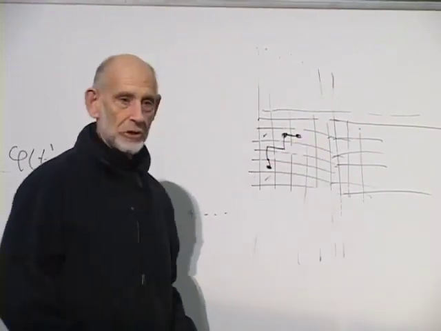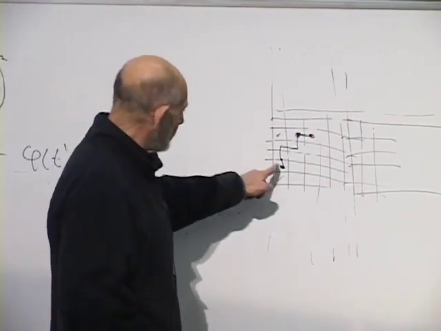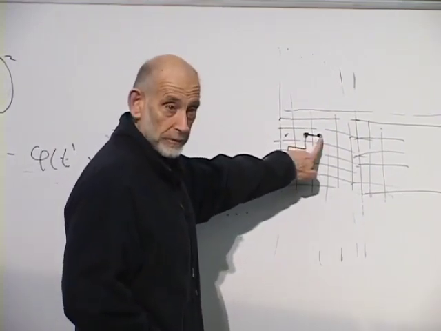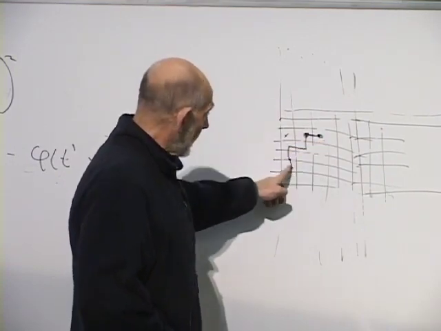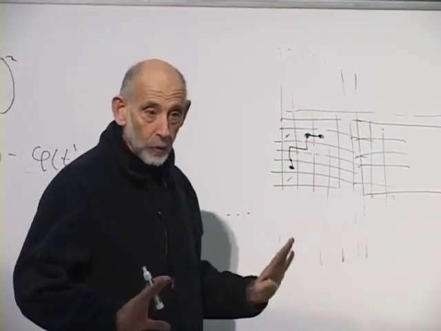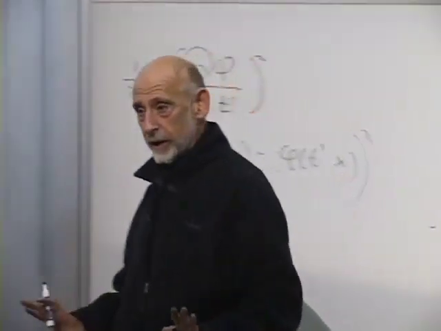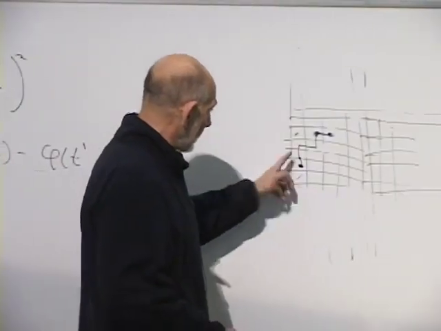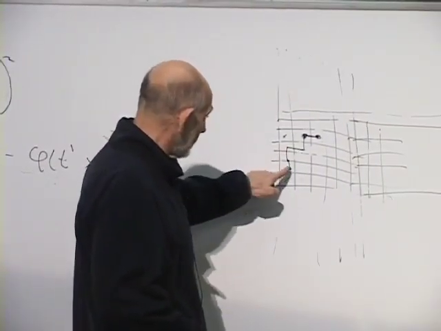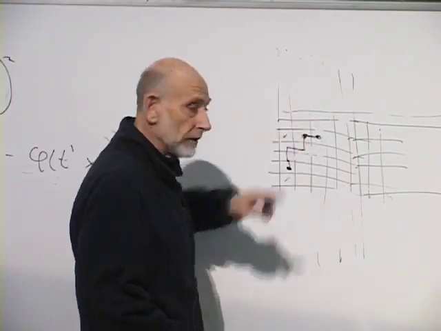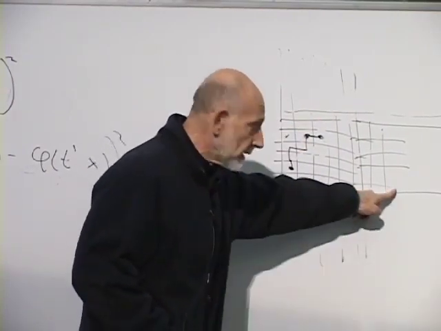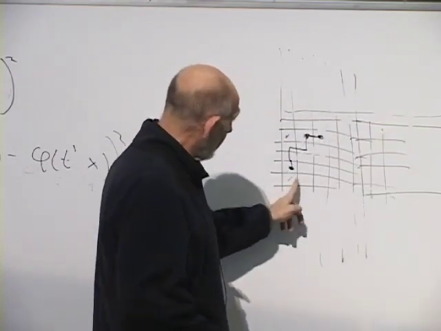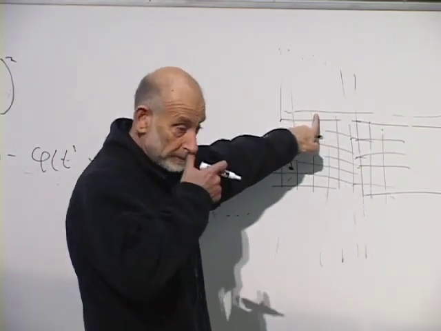If they end like this, they're illegal unless there's an instruction to put a particle in at this point and to take a particle out at that point. So endpoints like this, we will simply rule out unless they correspond to a specific instruction to put a particle in at this point and take it out. Since we're only putting particles in the initial state and taking them out in the final state, the only endpoints allowed would be on the top and the bottom.